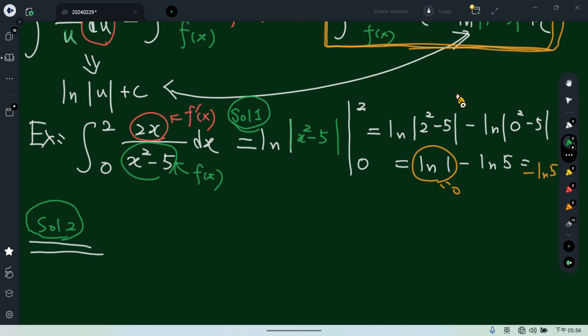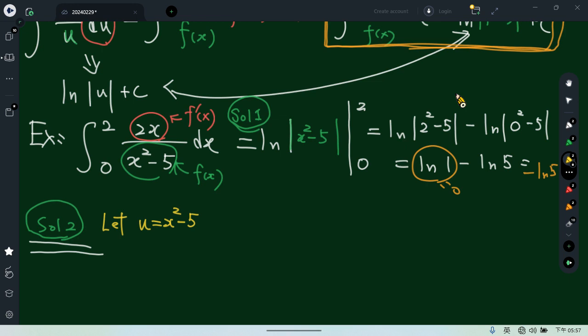So based on this, we can let u be equal to x squared minus 5, right? So next time I also teach you a tip. When you assign a simple variable u to be a complex function, right? Then what you need to do immediately?